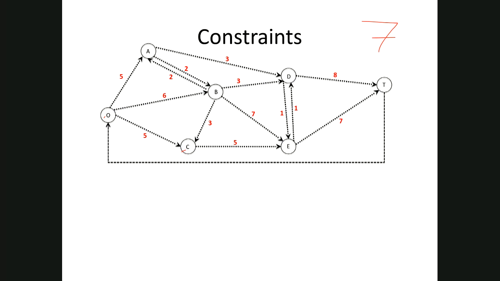But every one of these 7 constraints is now a transshipment constraint. In every case, whatever goes into O has to come out of O. Whatever goes into A has to come out, and so forth. So all of these are transshipment nodes, and whatever goes in has to equal what goes out for all 7 of these nodes.